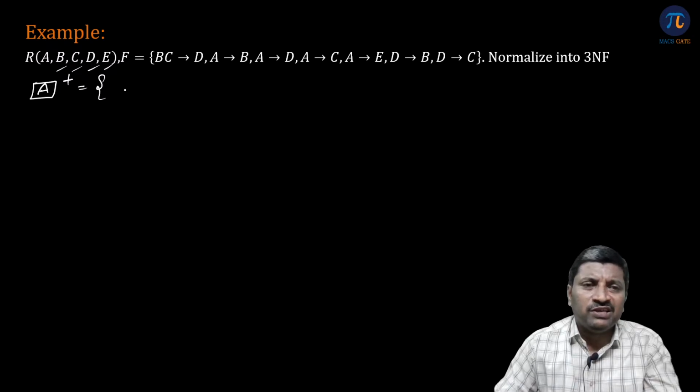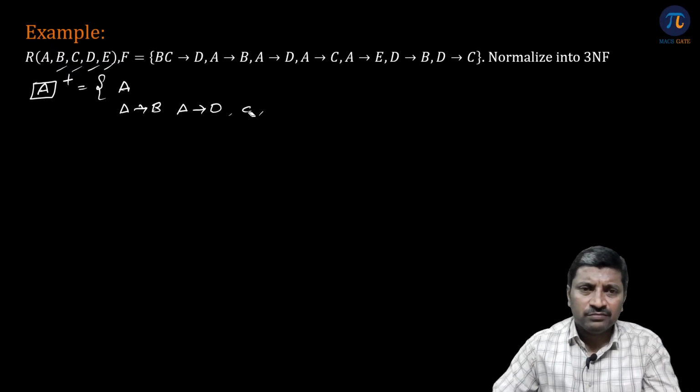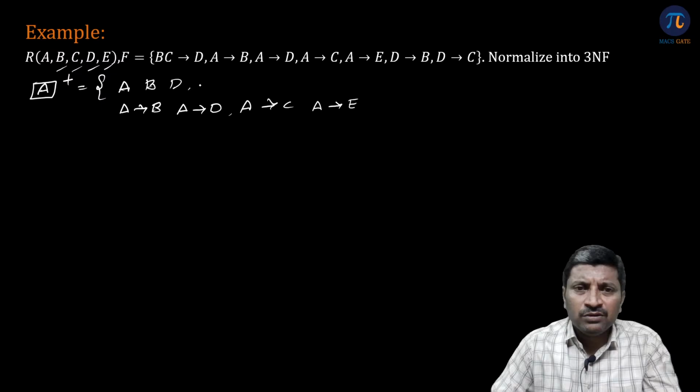What is the closure of A, sir? A, okay. With A you can get B. With A you can get D. Of course, with A you are getting all the values, right? Then you are getting C, E, everything, sir.